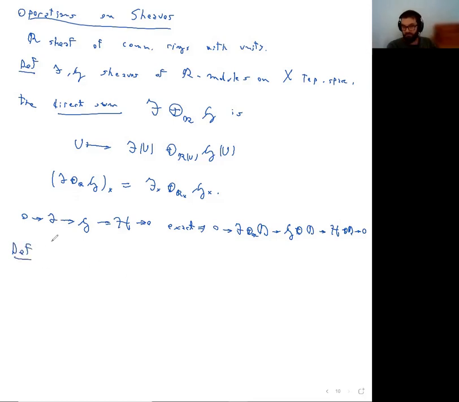Okay, so this is one of them. Let's look at the hom functor. So in principle, you would like to do something like this. We want to define this thing as a sheaf.